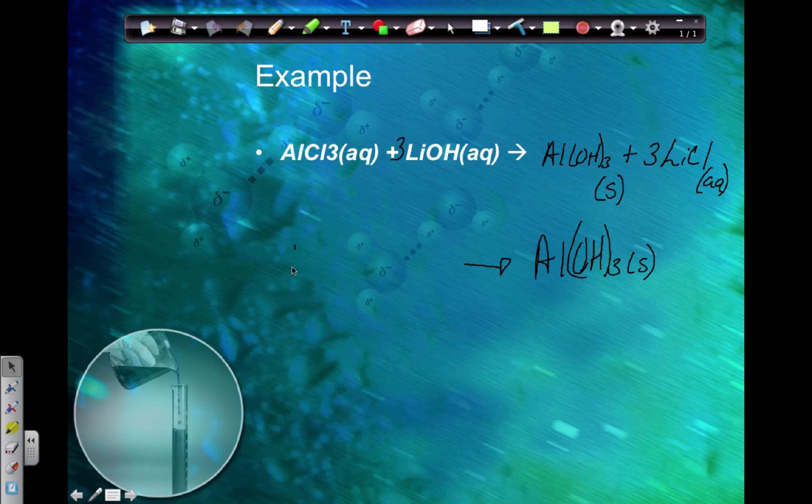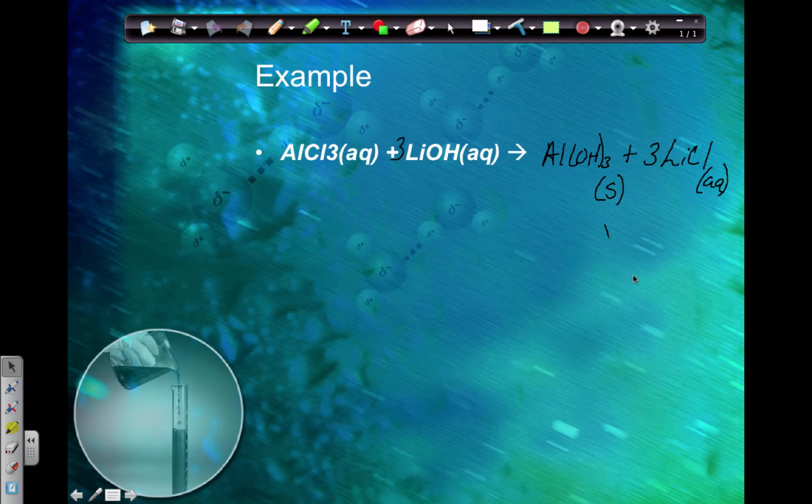Well, it takes an aluminum ion, and it also takes 3 hydroxides. And that's my net ionic reaction. But if you don't like that and you don't see that right away, you can always pull everything that's aqueous apart.